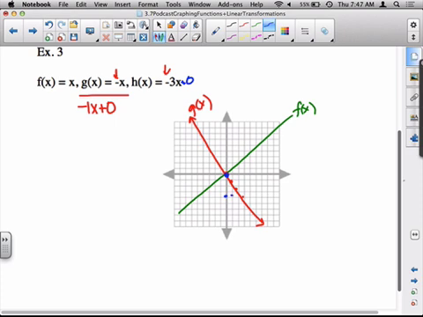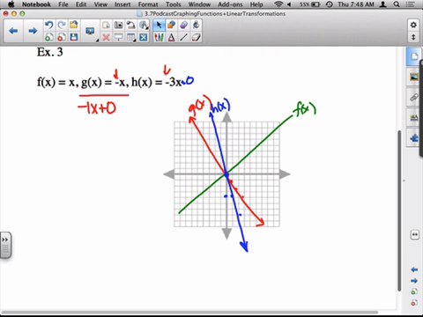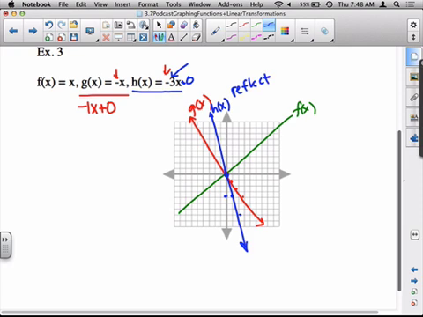And to the right 1. So you can see that when we change our slope to a negative, we have a slope that is reflected. Also on h of x, my slope has become a 3, so it is becoming steeper. So h of x is reflected and is steeper than my parent function.